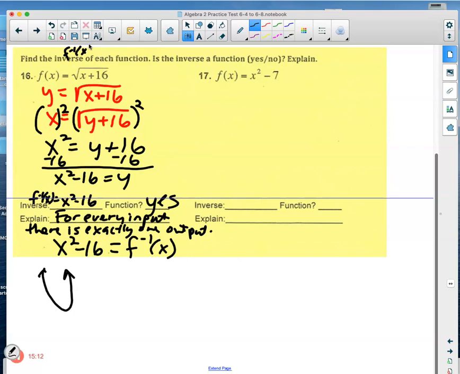Let's go to 17. See what we have there. So first thing we did last time was change this to a y. Then remind me, what did we do again? Flip them. X and y get flipped. Then add 7.